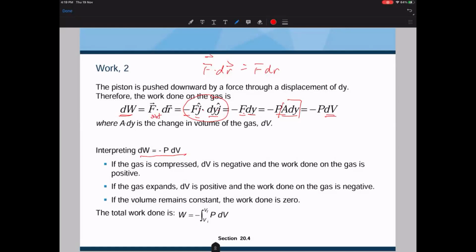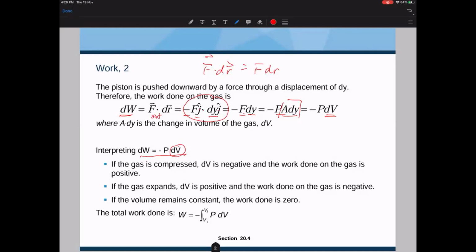The work done due to the external force that compressed the gas would be positive. Is this justified? Think about it. When you compress the gas, dV is negative. Volume decreases, and minus P dV becomes positive. So the left-hand side and the right-hand side seem to be justified, at least in terms of sign.